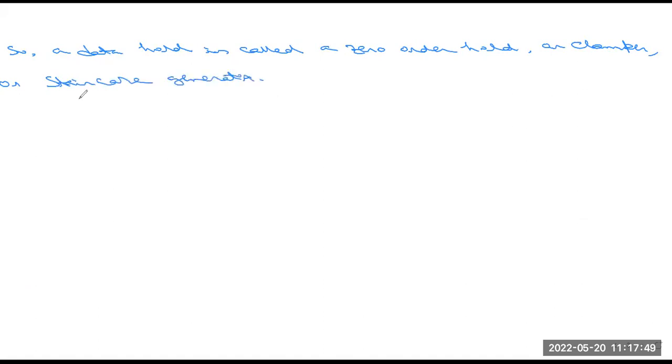Please remember these terms, because these are basically the same thing. Zero order hold, or the clamper circuit, or the staircase generator.